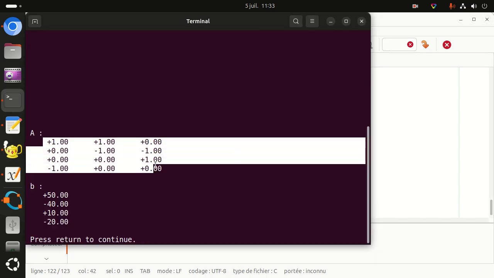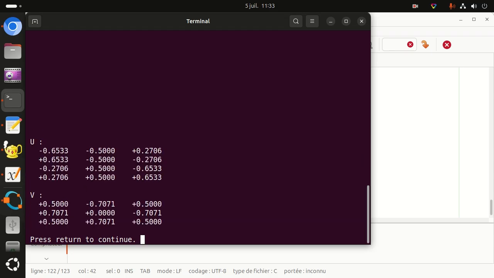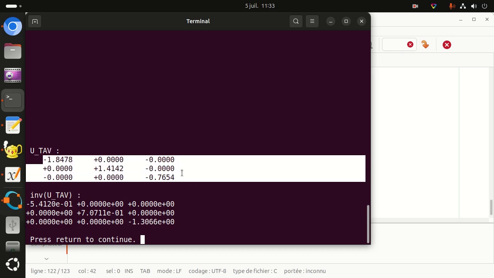I have A, B, I compute U, I compute V. I multiply the conjugate transpose of U by A and then by V, and this gives a diagonal matrix.